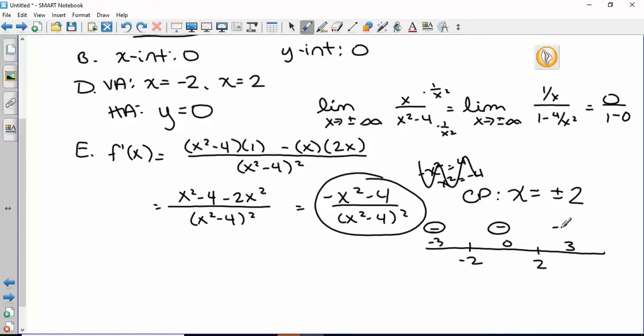Put in a 3, we're also getting a negative. So this thing is negative always. Does that mean I can just say it's decreasing from negative infinity to infinity? No, because we have asymptotes. So we have to say decreasing from negative infinity to negative 2, union negative 2 to 2, union 2 to infinity.